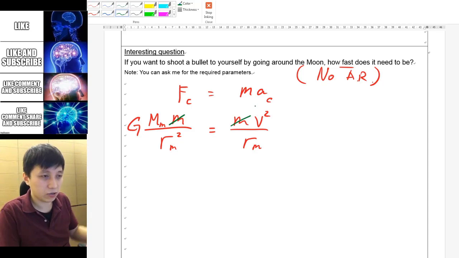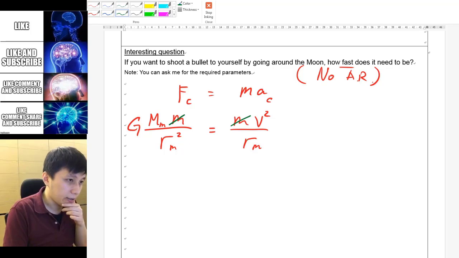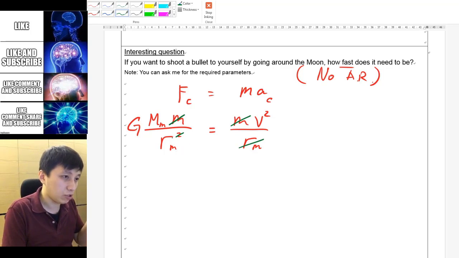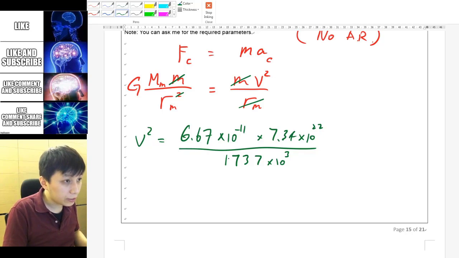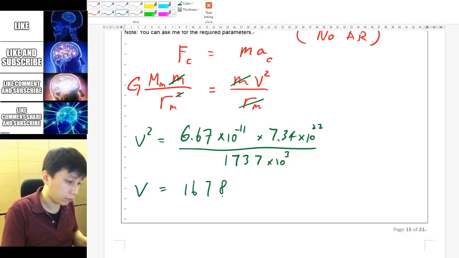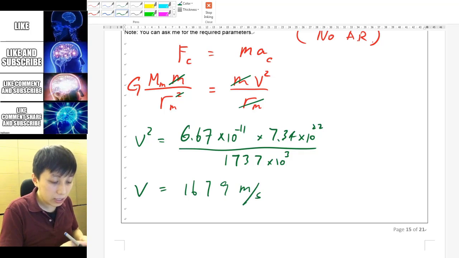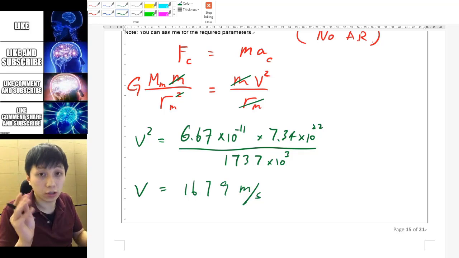It works on any sort of bullet basically. And then the r can also be cancelled once, and you just have to find out the values of these things. So v squared equals these numbers, and eventually you should be able to find out v equals 1,678.84.